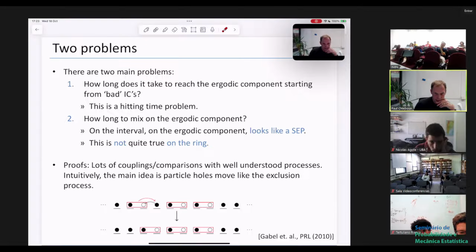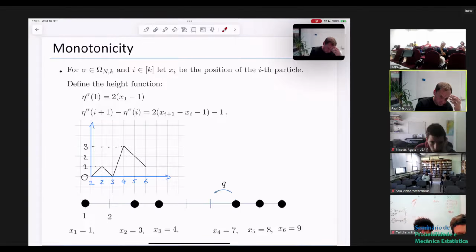Okay, so with this in mind, it's essentially the intuition for most of the proofs, along with some stochastic monotonicity that we inherit from this height function that I'll try to define now.